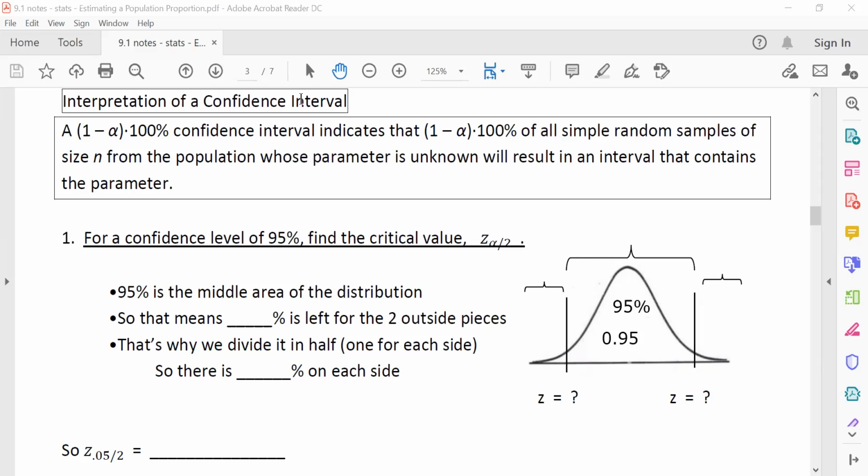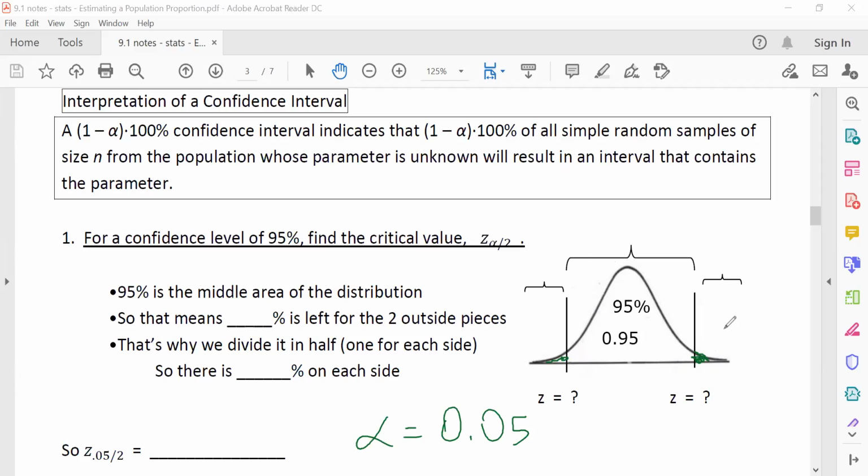alpha, is going to be 0.05. That's the amount we left on the table. So the area in this lower tail and the area in this upper tail have to add up to the 0.05 that's missing.